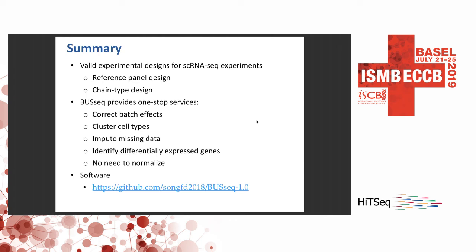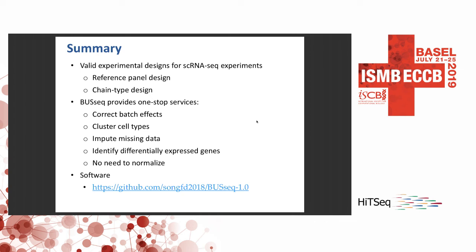We develop a method that, under those flexible and valid experimental designs, can correct for batch effects and actually provides one-stop services. Many methods on the market nowadays first assume that you will do the normalization. Once you do the normalization, assuming it is fine, they ask you to do the imputation. Then suppose your imputation is correct, they ask you to do the batch effects correction.